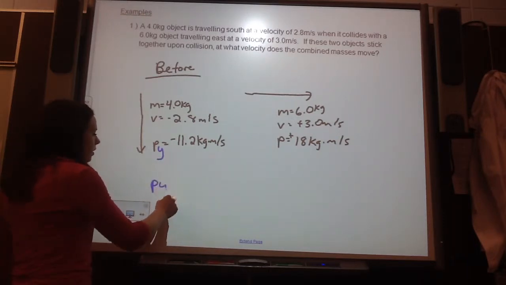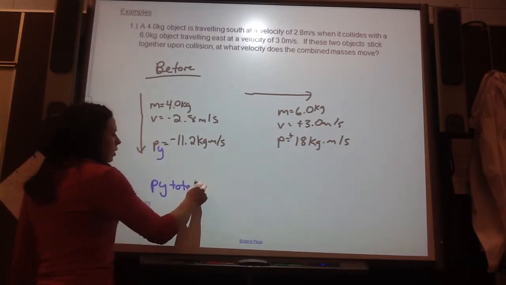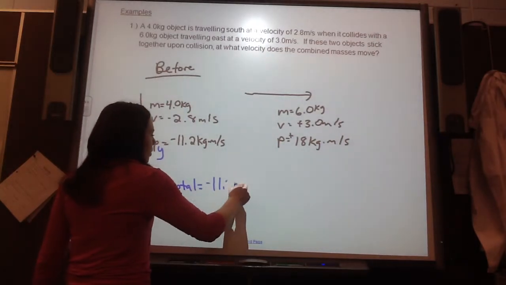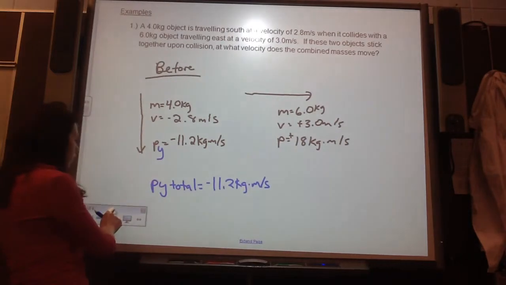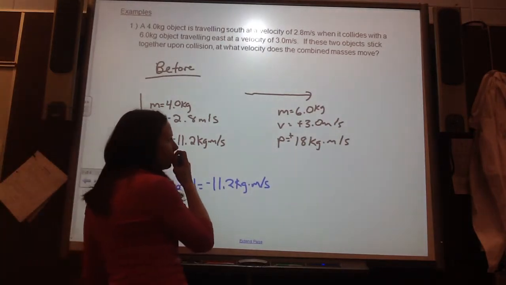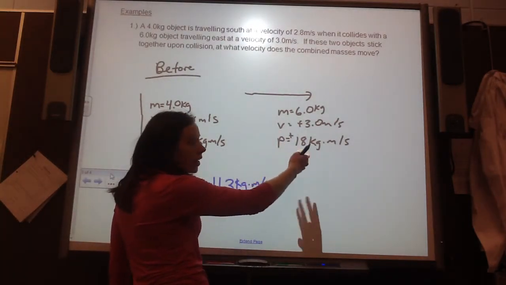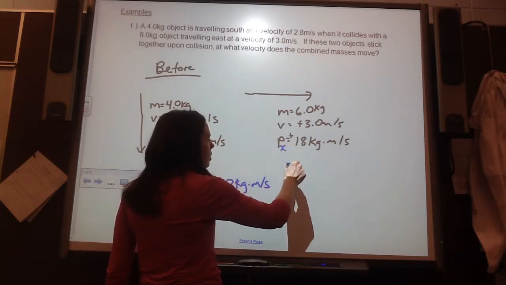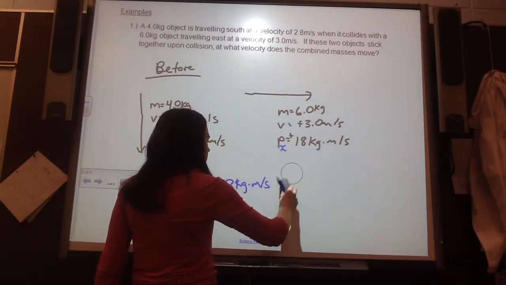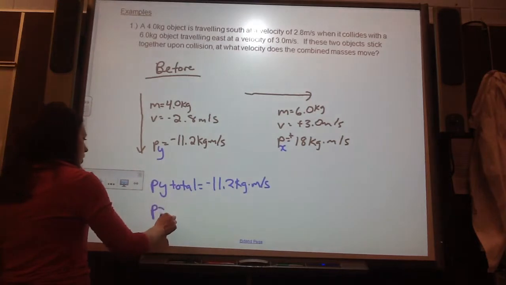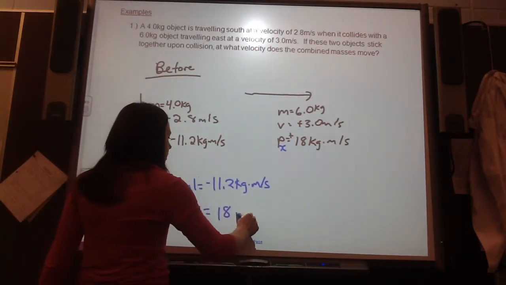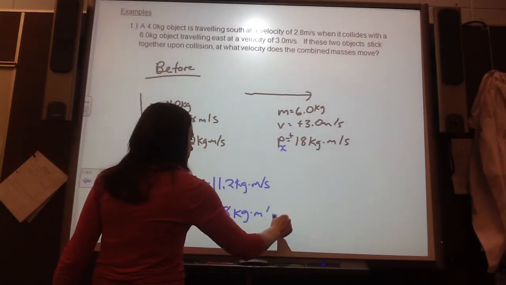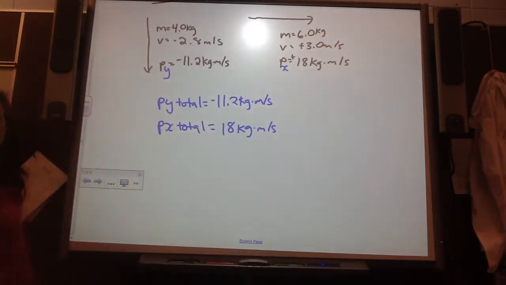So Py total is just negative 11.2 kilograms times meters per second, because that's the only y that's here, because there's no y vector here. And same, this is just all Px. So our Px total is equal to 18 kilograms times meters per second. So that's all of our before information.